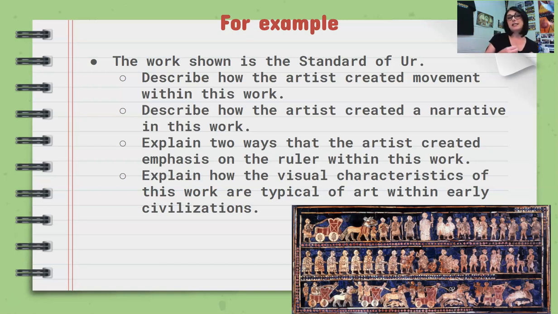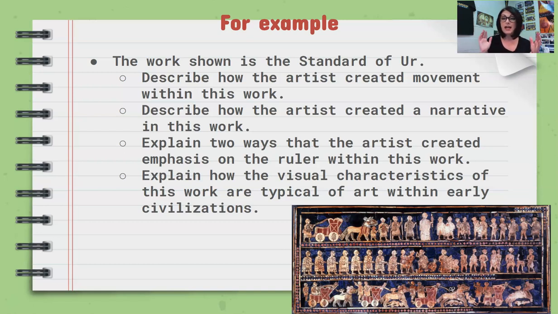Now, the next one, explain 2 ways that the artist created emphasis on the ruler in this work, okay? So again, we have a principle, emphasis. So how did they create emphasis? Well, very quickly, let's think about those elements and principles. They use color, right? Obviously, he's in bright white. That is very easy to do. And value.